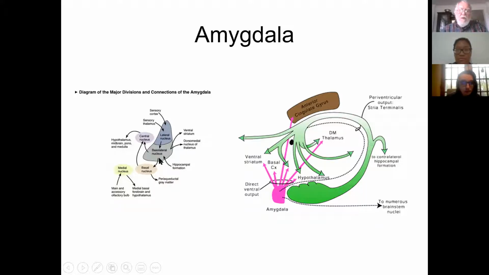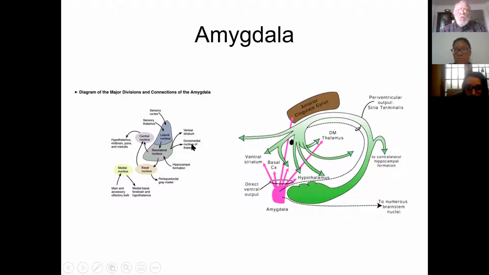Also there are inputs into the basal nucleus. So what you're doing is getting a big feedback into the central nucleus. And then the central nucleus, as you can see, is the major output, going to the hypothalamus, going to the midbrain, going to the pons, and going to the medulla.